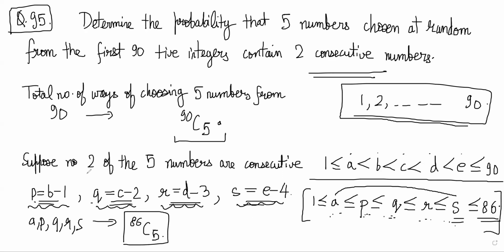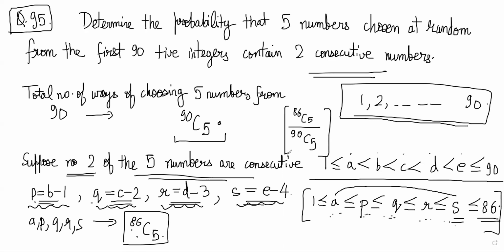So the number of ways of selecting integers such that no two of them are consecutive, the probability of that is 86C5 by 90C5. That is the probability of selecting integers such that no two of them are consecutive. If we subtract that from the total probability, we get the probability that they contain at least two consecutive numbers, right?